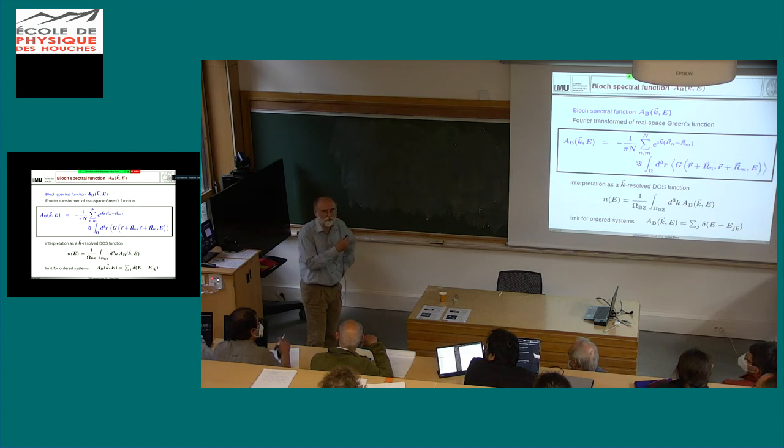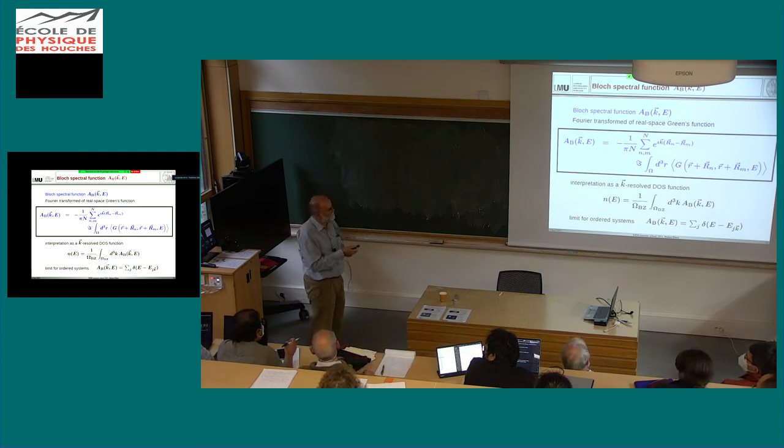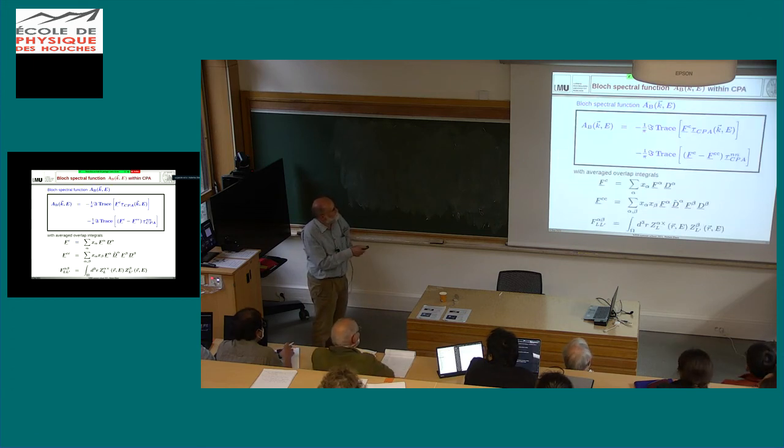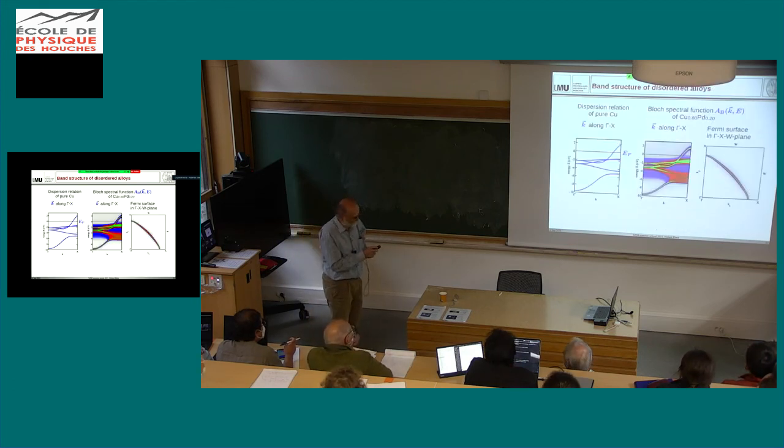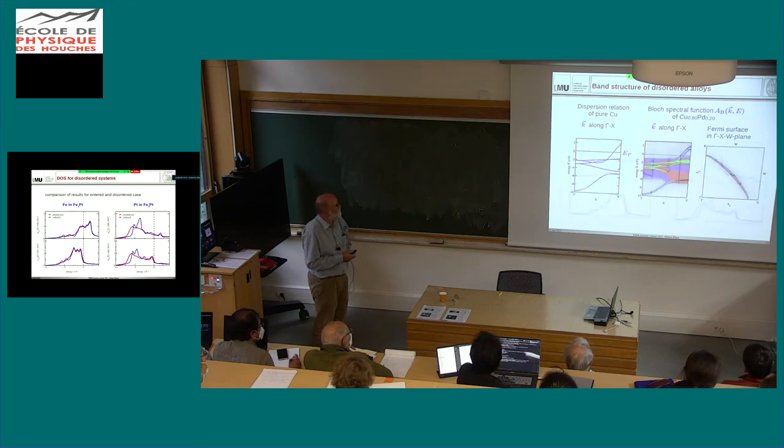For us, that means we use the CPA Green's function, and this leads to these expressions. I didn't want to go into too much detail, but then you see here's that Green's function, and its corresponding Bloch spectral function, and you see that blurring out in k-space.